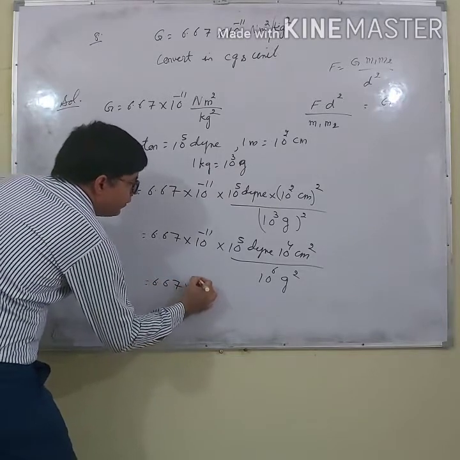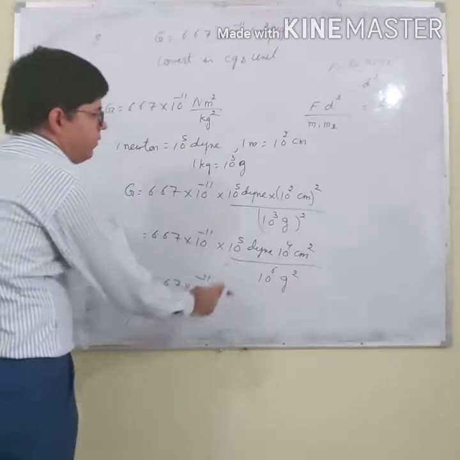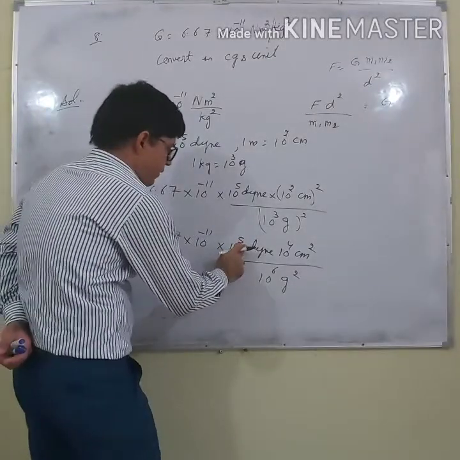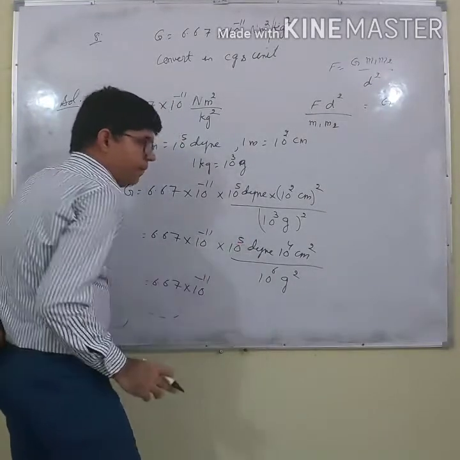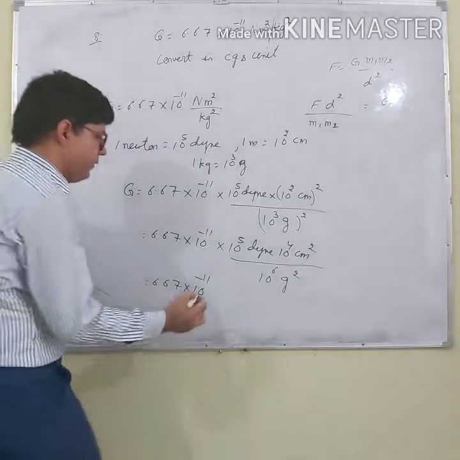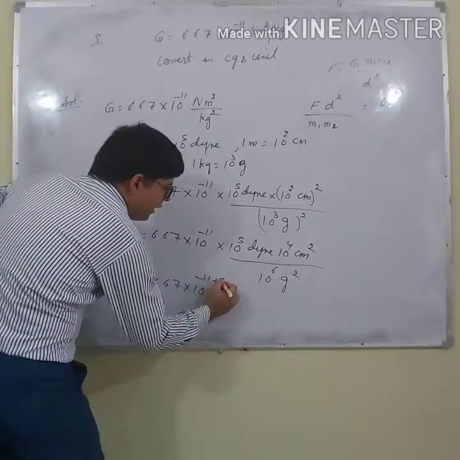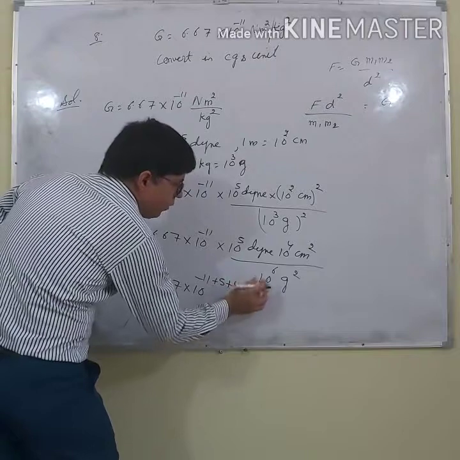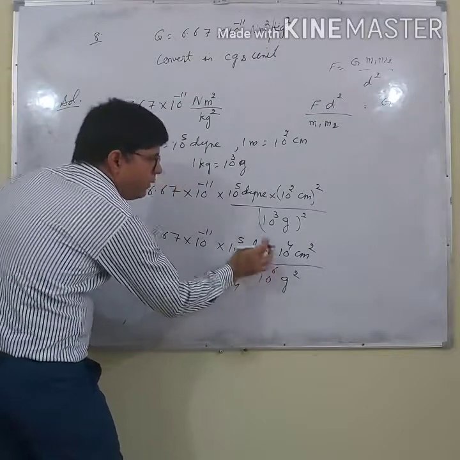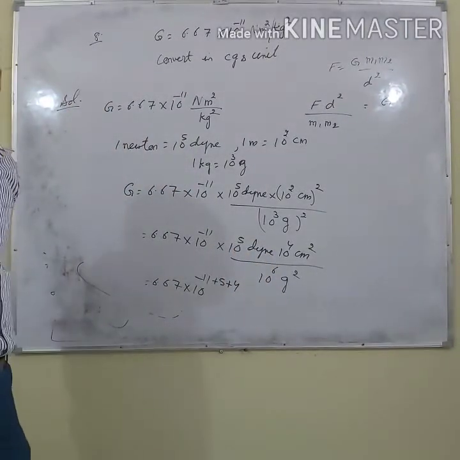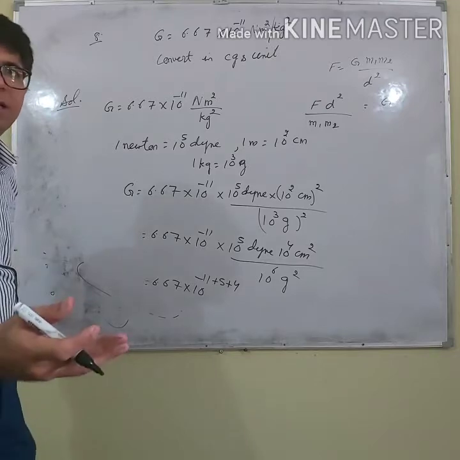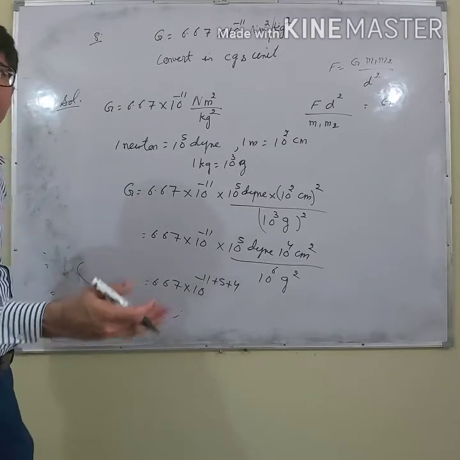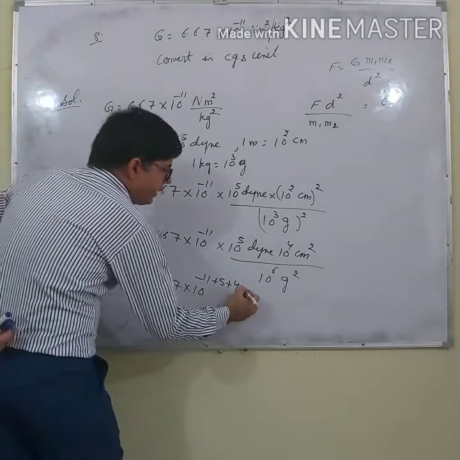Now these powers, when the bases are same, powers are added. So I am adding 5 plus 4. This 6, when it goes to the numerator, its sign will be changed. Plus will become minus, so I am writing here minus 6.